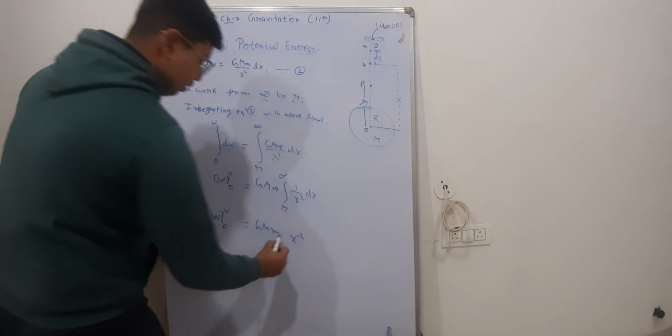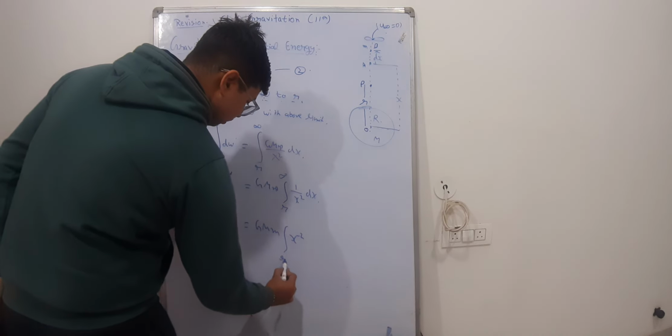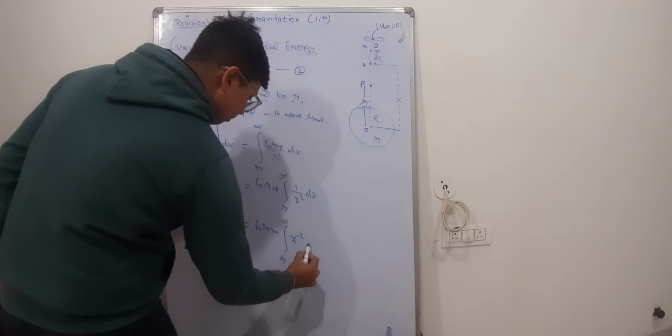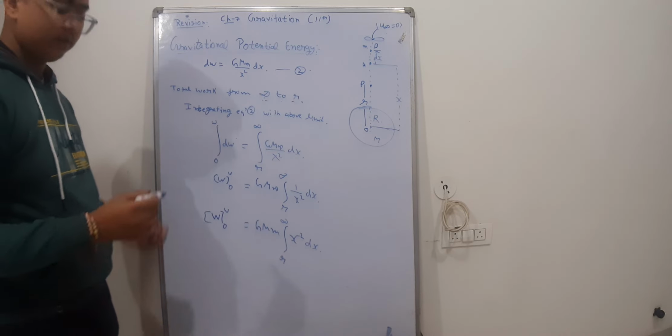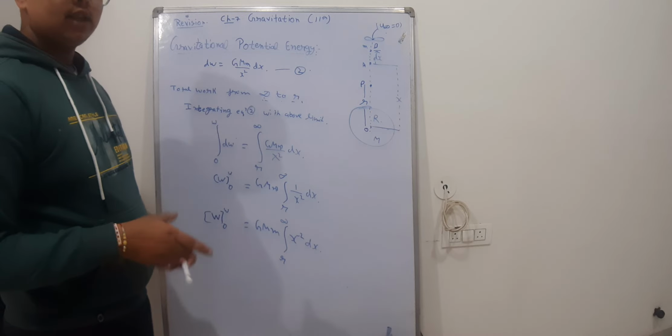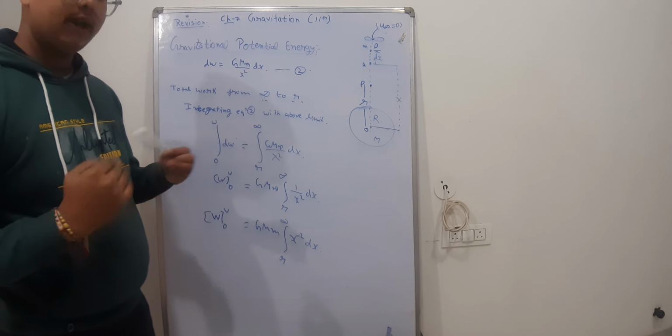Now we know that the integration formula of x to the power n is x to the power n plus 1 divided by n plus 1.